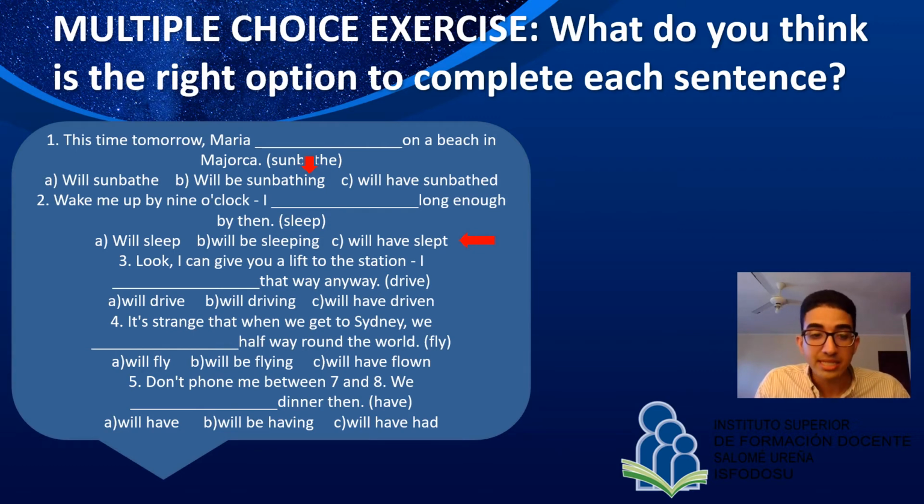Then number 3 says, look, I can give you a lift to the station. That way anyway. So what do you think the correct answer is? The right answer is will drive. So we are using the simple future because we are talking about an action that we will perform in the future, right? So here you have the answers to the other questions.